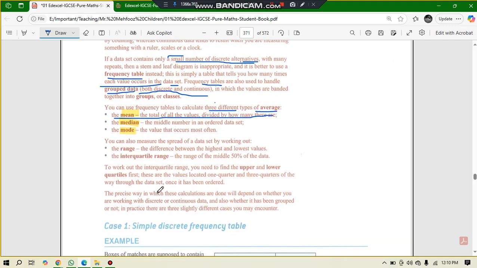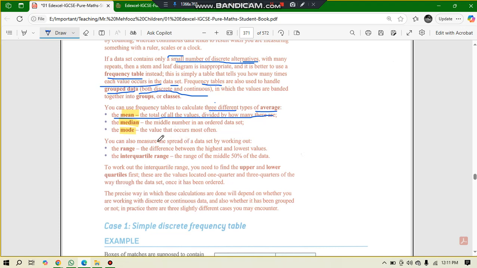Okay, next one is you can also measure the spread of the data set. Spread of the data set means how your data is spread in the raw data, right? For example, some data is close to the center and some data is far away from the center.